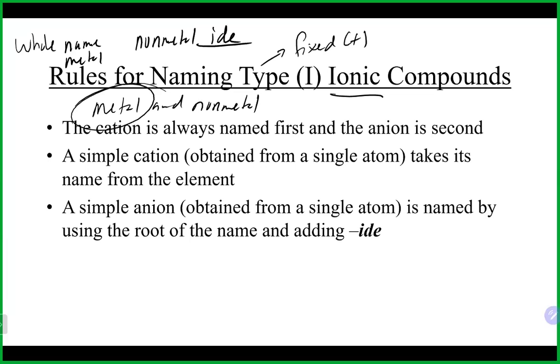But the way you want to remember it so you don't get a big X on your paper is: metal, no prefix. You should never use a prefix if there is a metal involved when you're naming these things. That means for all ionic compounds, never use a prefix when you have a metal and a non-metal involved. There is a time and place for prefixes, and we'll talk about it shortly, but this is definitely not the time or the place to do that.